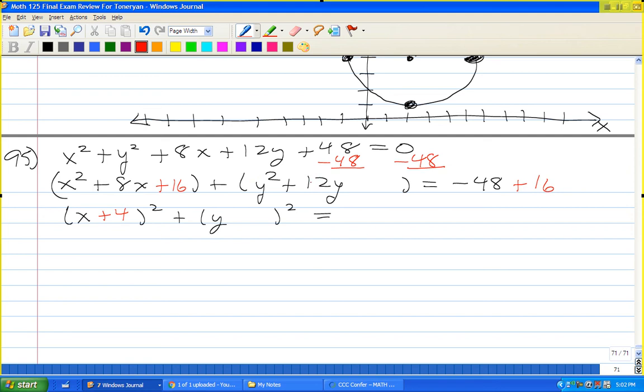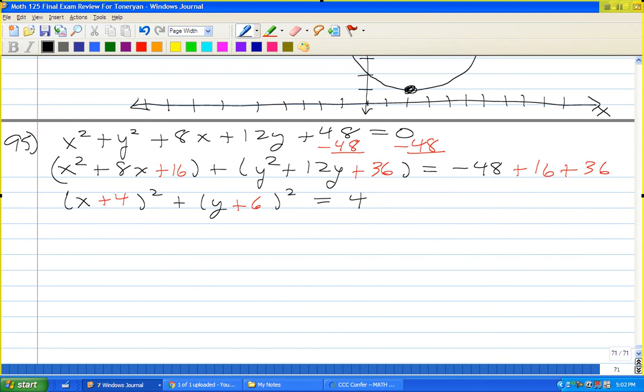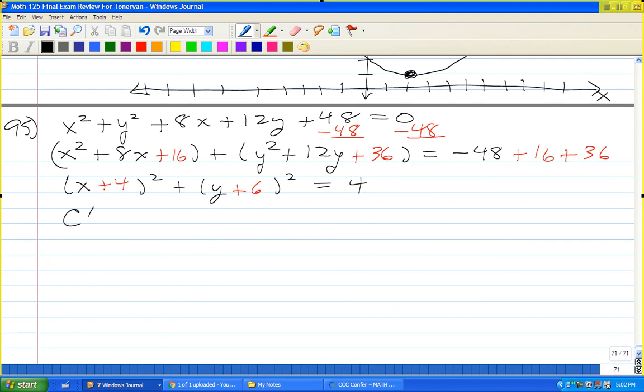To complete the square, I'll just do 12 divided by 2, 6. Squared is 36. And so I have that the center is at negative 4, negative 6, and the radius is 2.